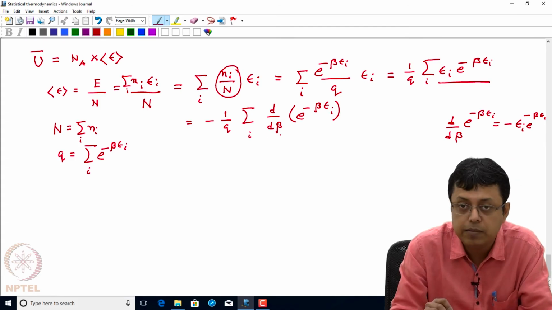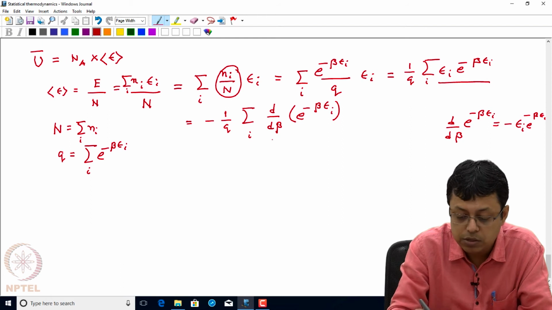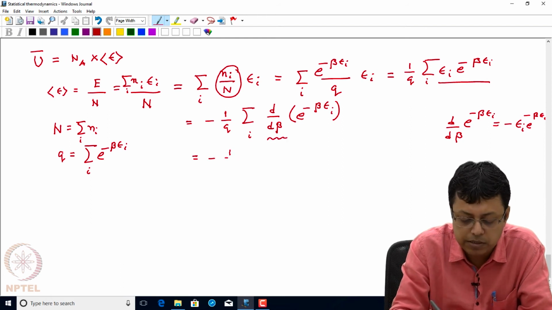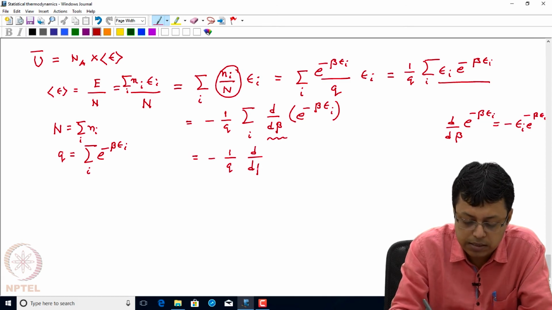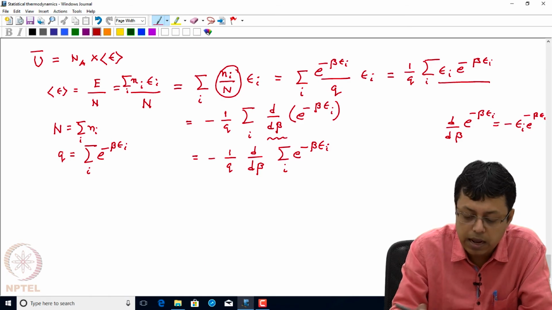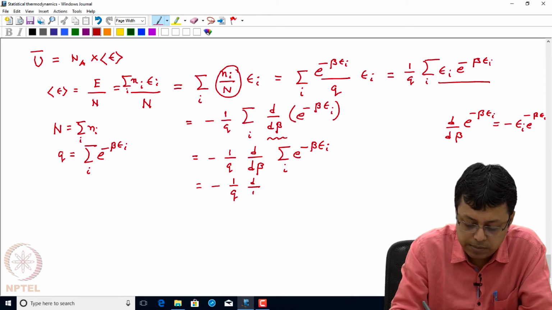Now this derivative is with respect to beta, so it doesn't depend on the summation. Differential operations are linear operations, so I can take it outside the summation, and I can just sum this quantity e to the power minus beta epsilon i, and that is nothing but q again. So this is nothing but minus 1 over q d beta of q.